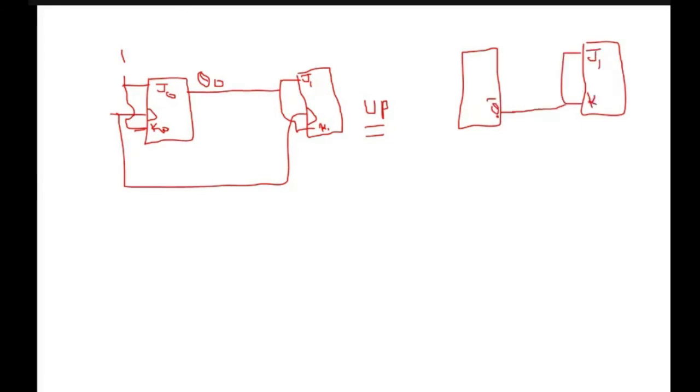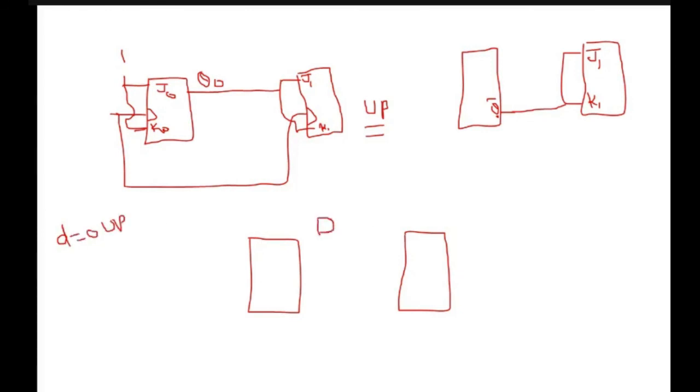So while I want to design a up-down counter, what we can do is, just like our ripple counter, we can directly design the circuit, or even when you solve the KMF and find the expression of J1, K1, it will be same. So what we are considering, we are saying when D is equal to 0, it is counting up, right? So for up counter, we will use an AND gate, and I will take it as a D bar. So D bar means when D is 0, this output will be 1.